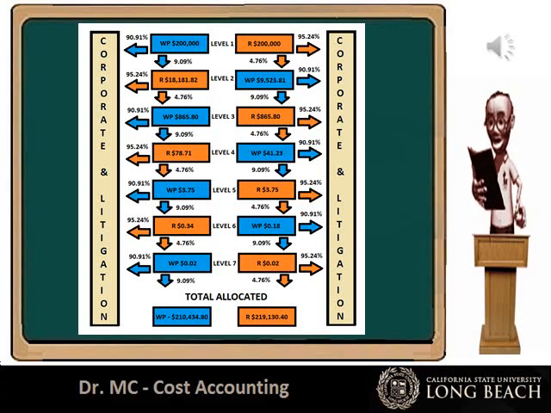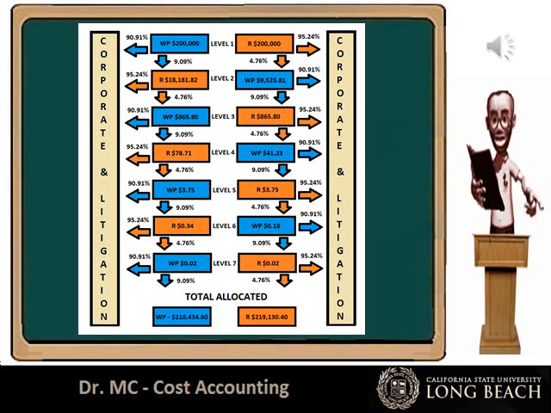So, the two support departments allocate their additional costs in a sixth round of allocations. Word processing allocates 90.91% of its costs to the production departments and 9.09% to the recruiting department. Similarly, the recruiting department allocates 95.24% to the production departments and 4.76% to the word processing department.